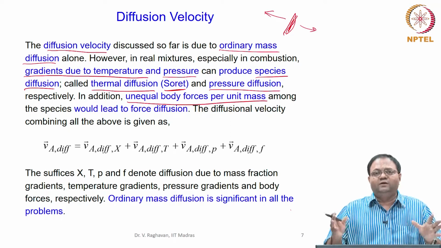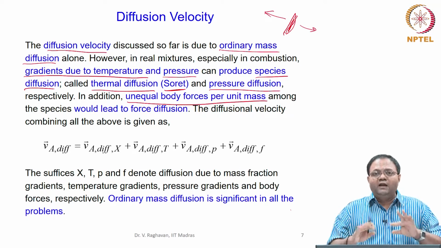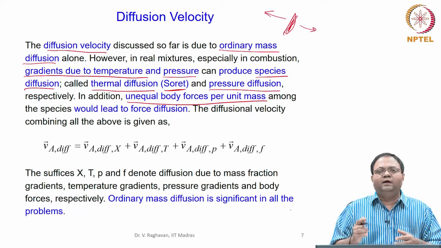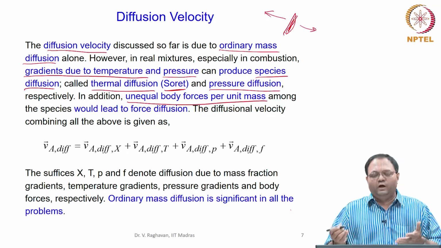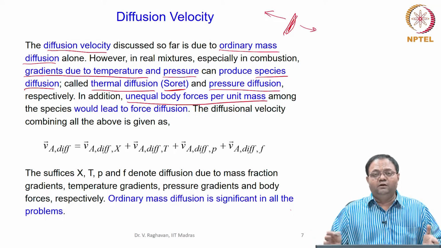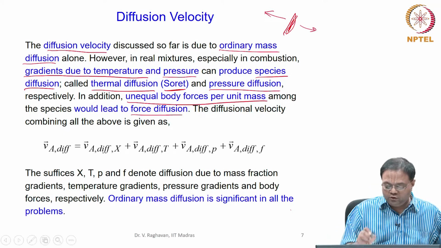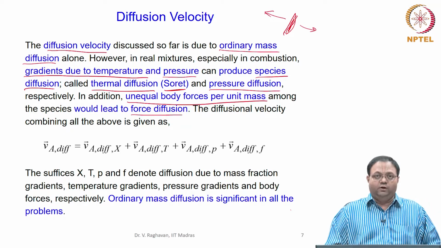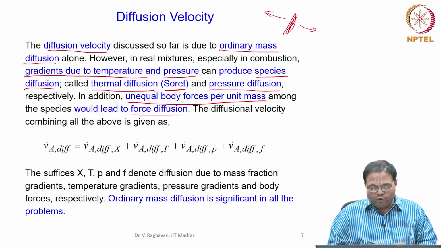So, you can see species of different molecular weights are available, and unequal body forces can be created. Again, this is not in every scenario, but in some scenarios unequal body forces can prevail in a mixture. That will also lead to what is called force diffusion, body force based diffusion. So this body force based diffusion can also be added in some contexts.